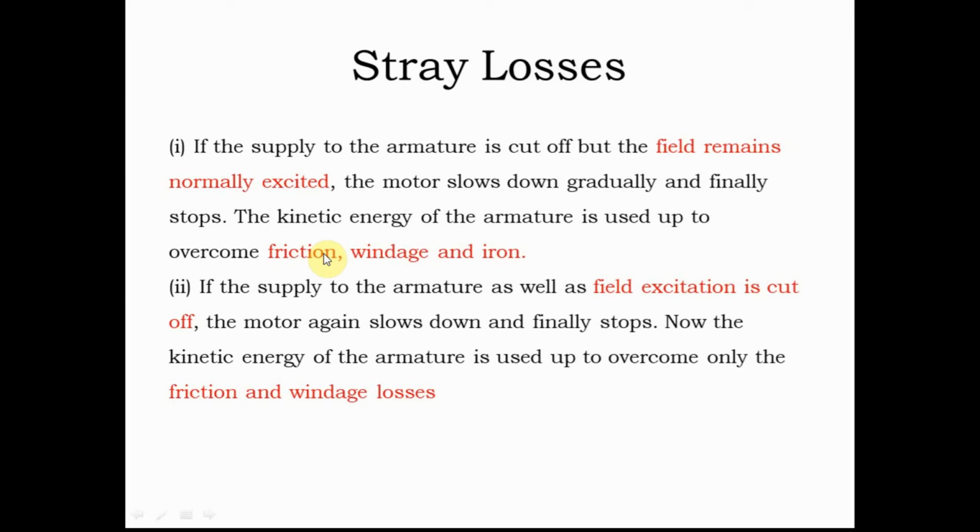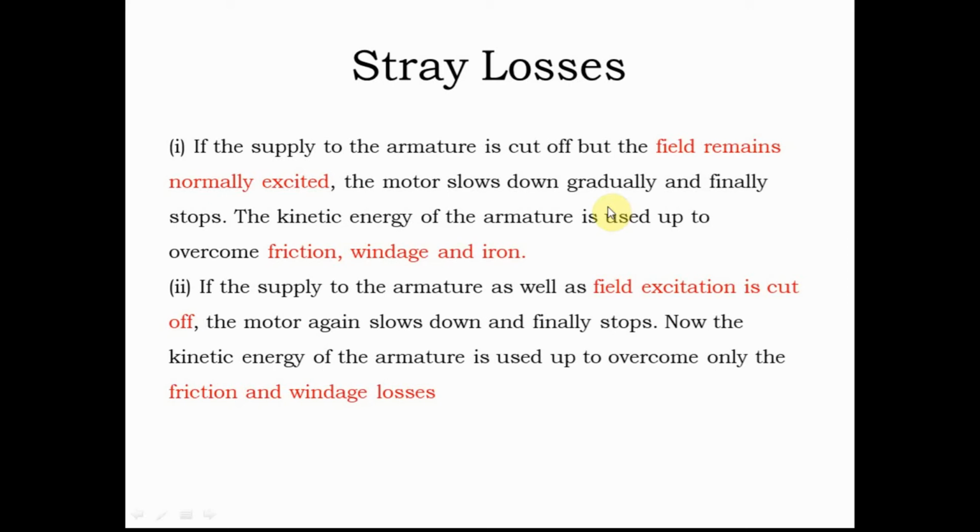If the field excitation is cut off when you cut off the supply to the armature, then as a consequence there will be no flux. Once there is no flux, the concept of iron loss doesn't come into the picture. So whatever kinetic energy is present in the armature will be utilized only to overcome the friction and windage losses. That is the difference between including and excluding the iron loss.